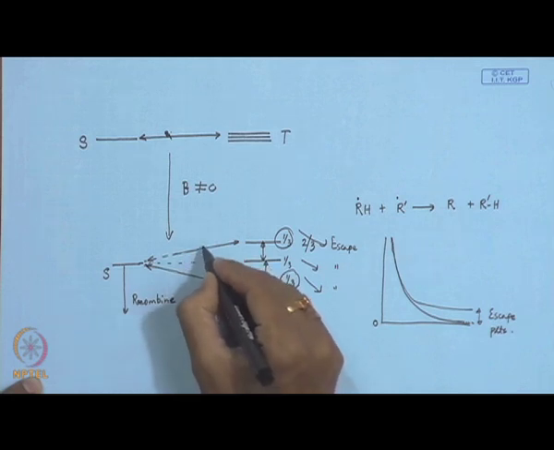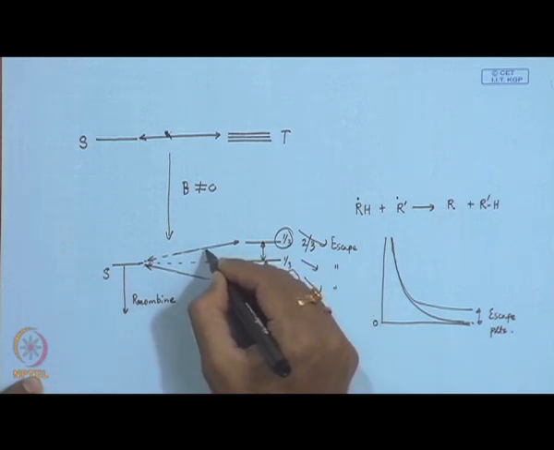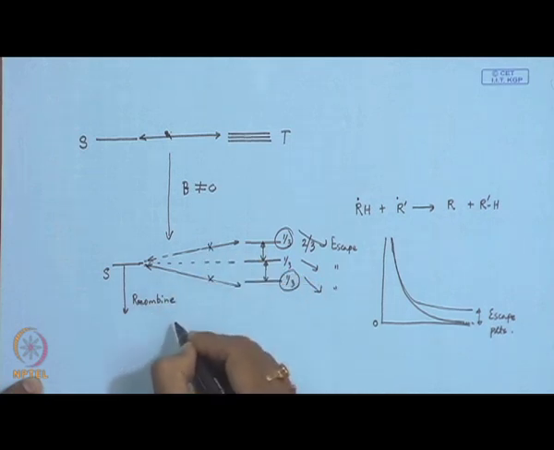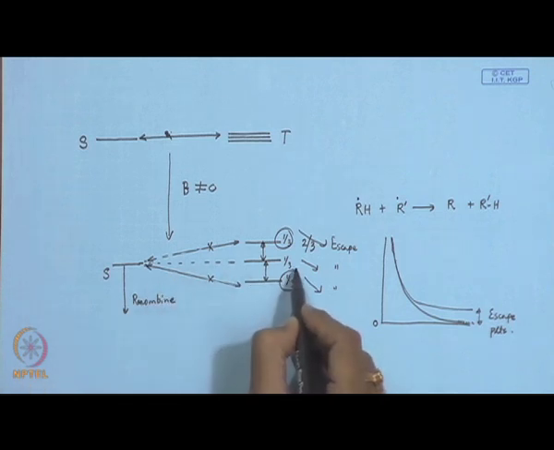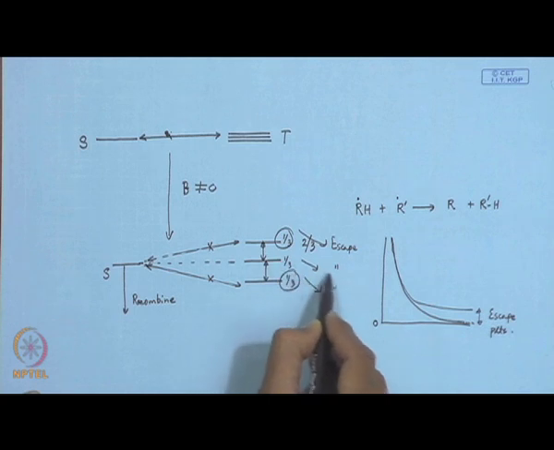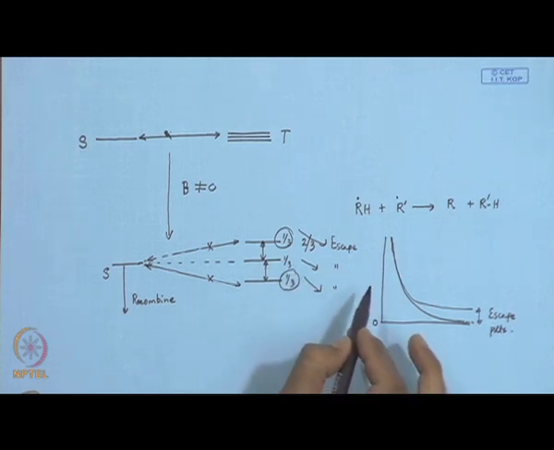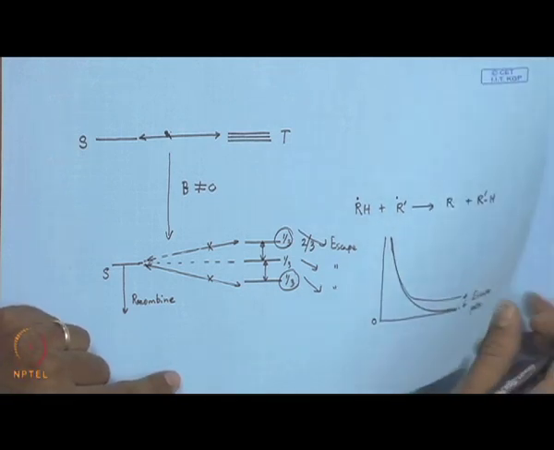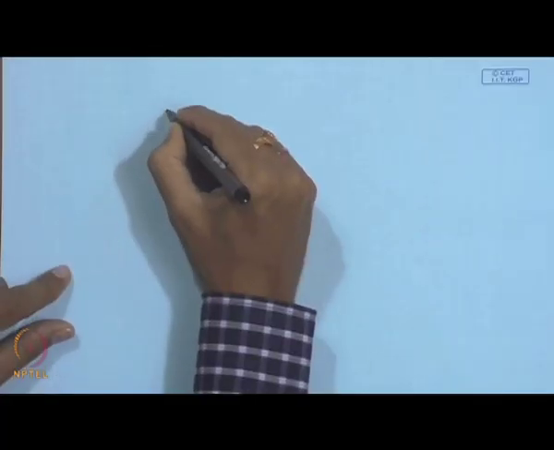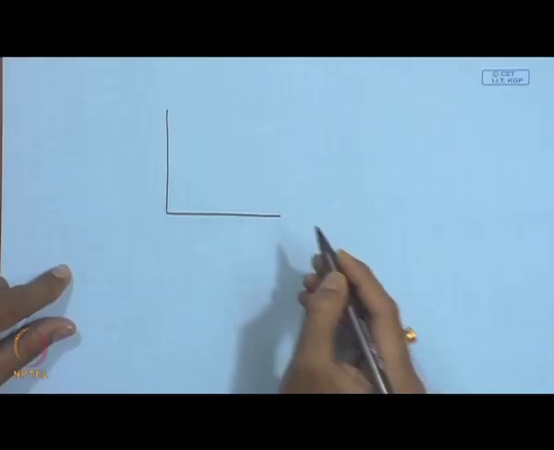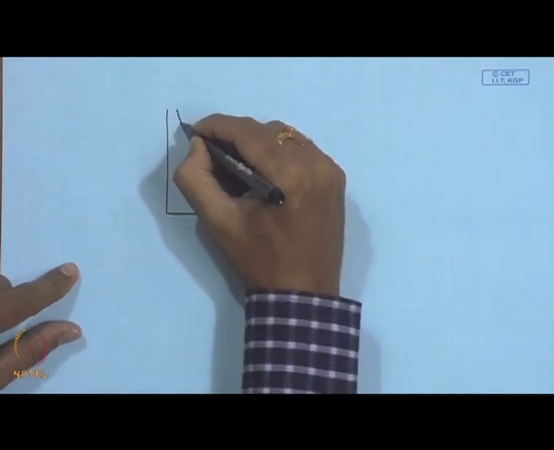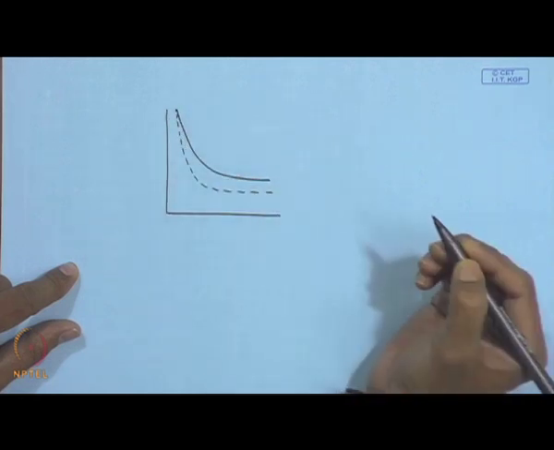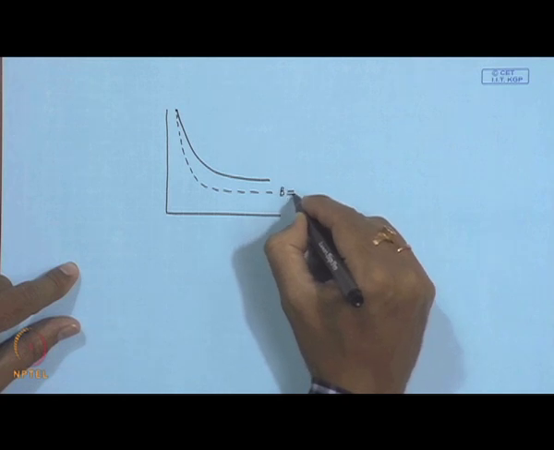I mean, because of the magnetic field, maybe 2/3 of the total population, out of 3, 2 channels are off because of the external field. Therefore, maybe 1/3 has the option to escape. So that means escape products will be reduced when it is a singlet born radical pair. So for singlet born radical pair in absence of an external magnetic field, if your profile is like this, maybe you can expect like this in presence of B not equal to 0.